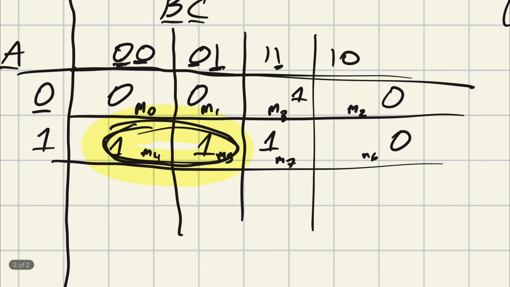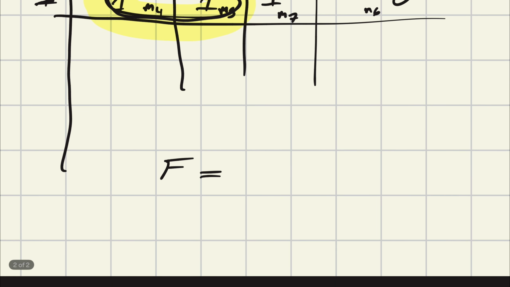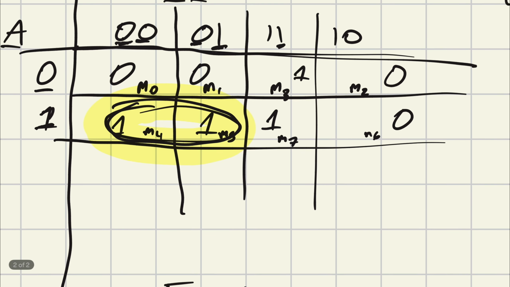We're going to look at first the A variable. Now we know that the A variable is 1 in this row. And between this box in the K-map and the next one, A is not changing. A is remaining 1. So first we can write A because it's not changing.